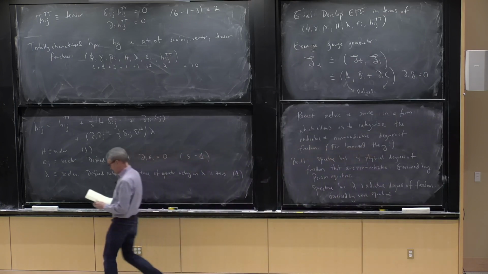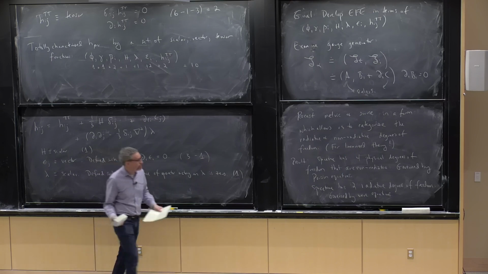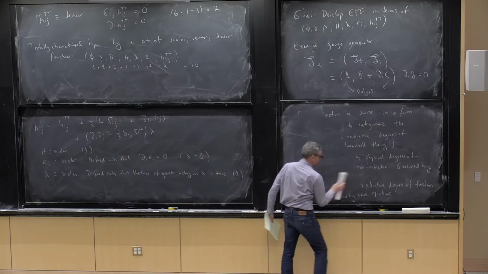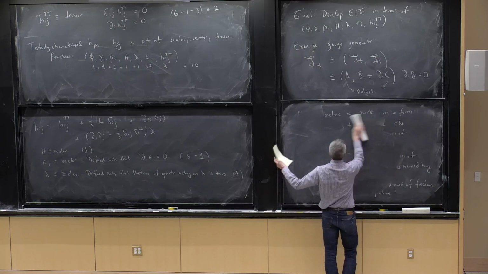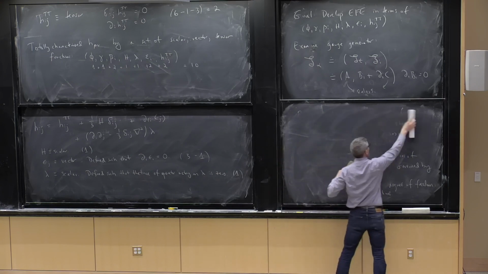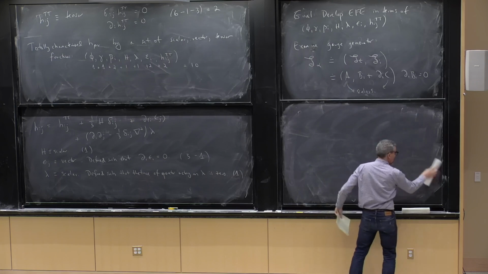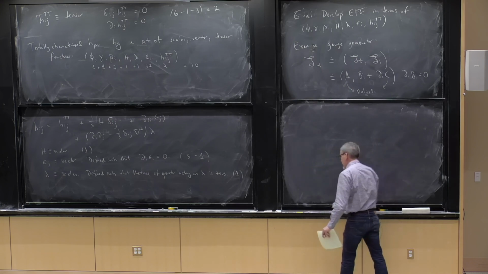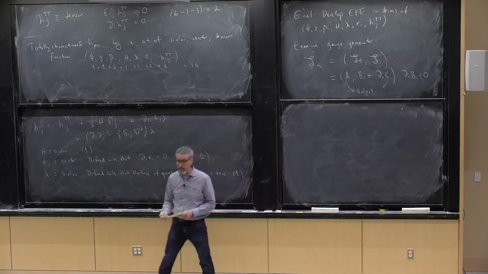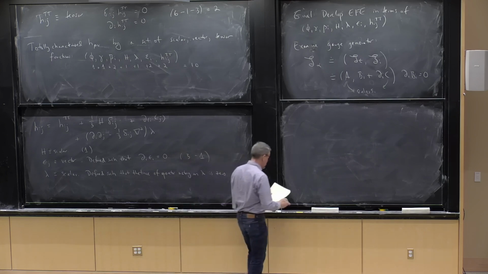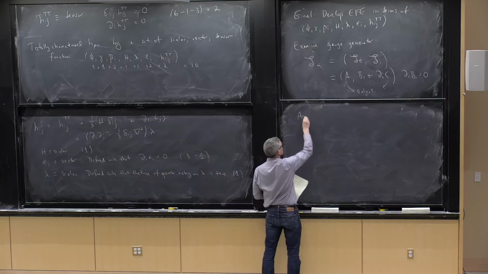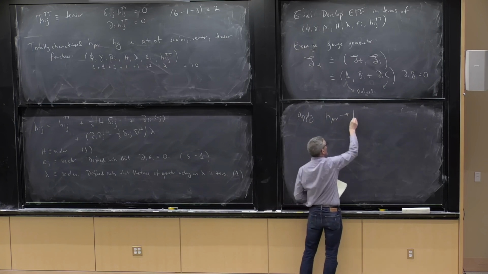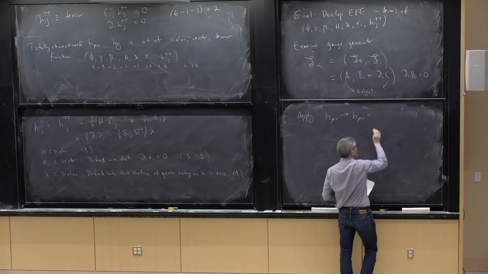The reason why I'm doing this is that these functions that I came up with, my phis and gammas and betas and epsilons, are going to change if I introduce a gauge transformation. So suppose I change gauge, as we learned how to do in the previous lecture.